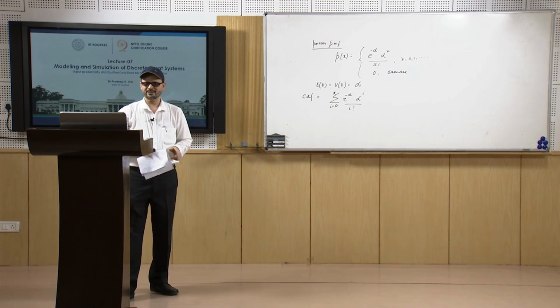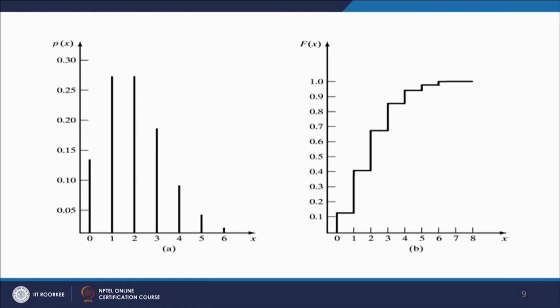So, what we see in this picture is the probability mass function, with alpha equal to 2. When the mean rate is 2, this is the probability mass function. So, this is how the probability value varies.